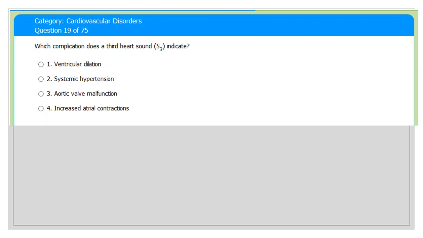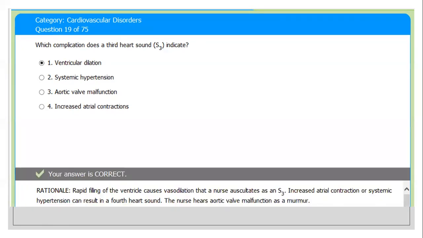Anyway, let me go back. So which complication does a third heart sound indicate? Ventricular dilatation, systemic hypertension, aortic valve malfunction, or increased atrial contraction, right? So the correct answer here is ventricular dilatation.